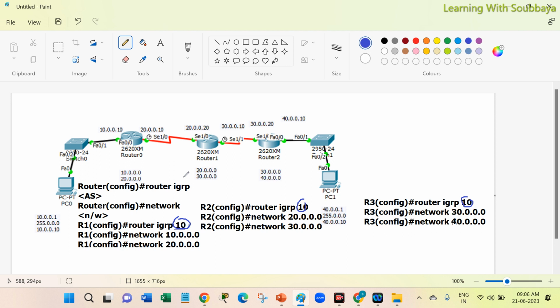The 2600 series router in the lab session won't support the IGRP protocol. In real time, the 2500 series router supports the IGRP protocol.